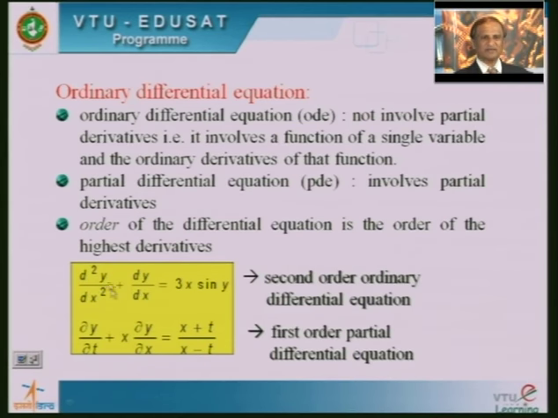Now I want to identify the highest derivative present in this equation, right. So two derivatives are present in this equation, dy by dx and d square y upon dx square. I have to identify the highest derivative. What is the highest derivative? d square y upon dx square. Therefore, the order of this differential equation is 2, right.